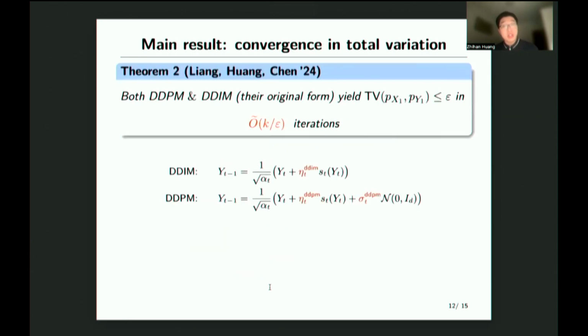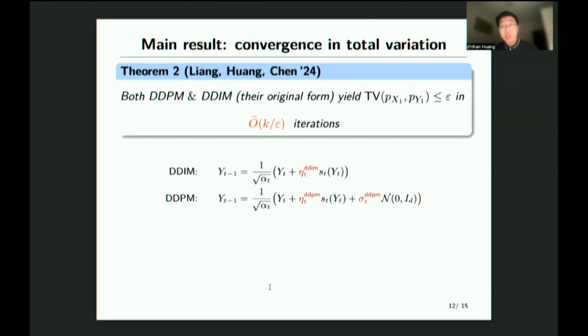Our main result is about the convergence of the sampler in total variation. Both the DDPM and DDIM samplers in their original form yield a TV distance smaller than epsilon in approximately k over epsilon iterations, with some logarithm terms omitted. So here the iteration complexity only depends on k instead of d, which shows adaptivity.